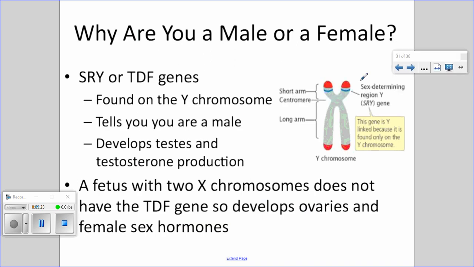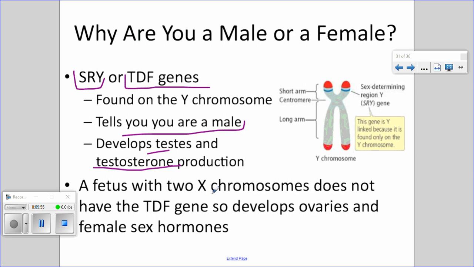Looking at the Y chromosome a little bit closer, it has a series of genes called the sex-determining region of the Y chromosome, or the testes determining factor genes. These are found on the Y chromosome, and they determine that you are going to be male. They help develop testes by allowing for testosterone production, which develops male sex characteristics.